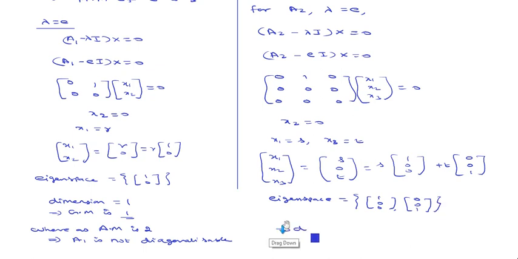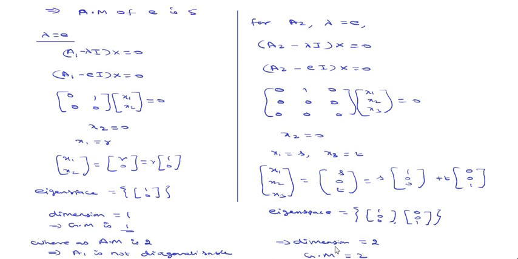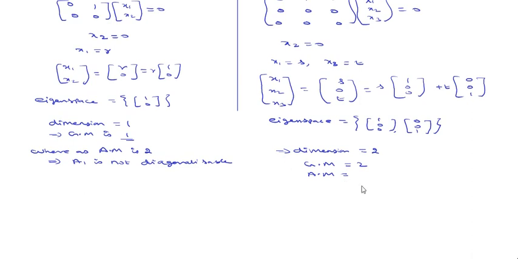This implies the dimension is 2, that is, the geometric multiplicity is 2. But what about the algebraic multiplicity? It is the multiplicity of the roots. Here E occurs 3 times, so the algebraic multiplicity equals 3. Here also the geometric multiplicity is not equal to the algebraic multiplicity.